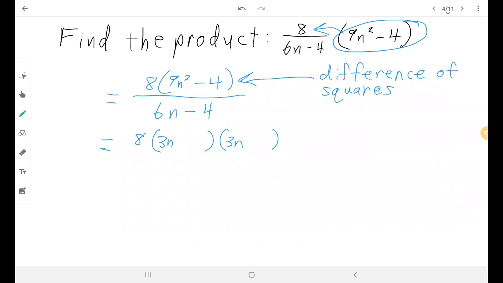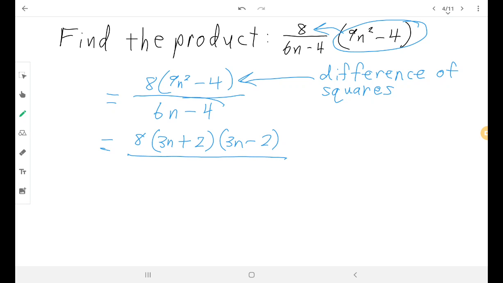Square root of the front goes to the front of both factor pieces. And then the square root of the end goes at the end. So square root of 4 is 2, and then, in between, you get a plus one time and a minus the other time. So that's how the difference of squares factors.